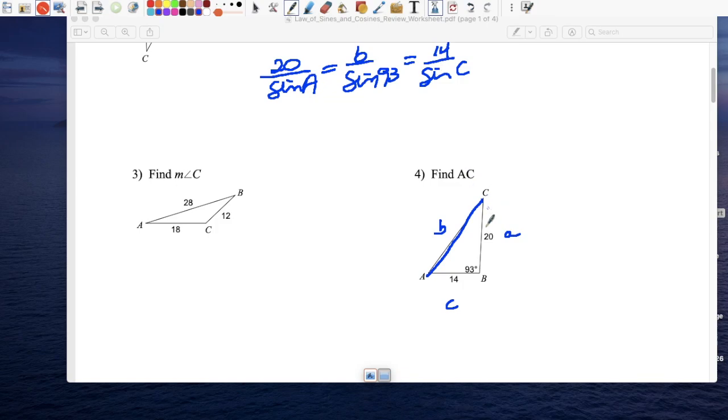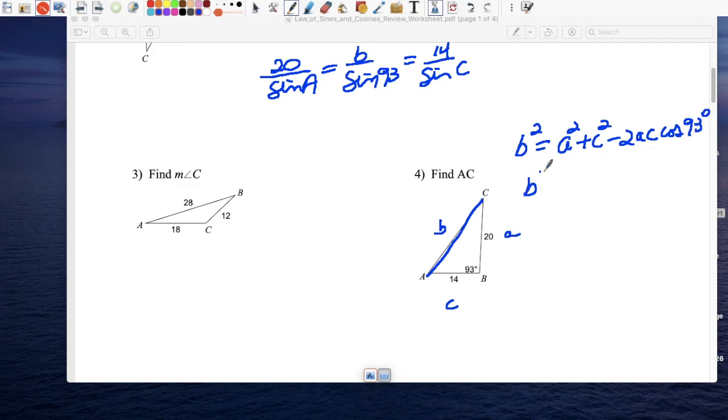So for law of cosines, I have the angle and the two adjacent sides, so I can use that. So we're going to go b squared in this case, right? b squared, the side opposite the angle that I know, equals the two adjacent sides squared, a squared plus c squared, minus 2 times those two sides, and then cosine of the given angle, 93. So let's substitute.